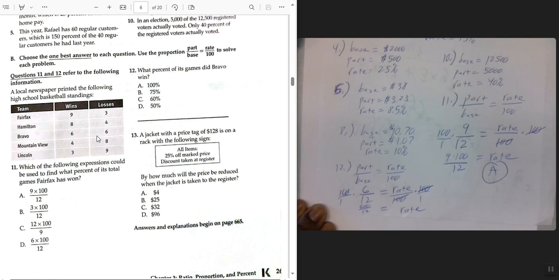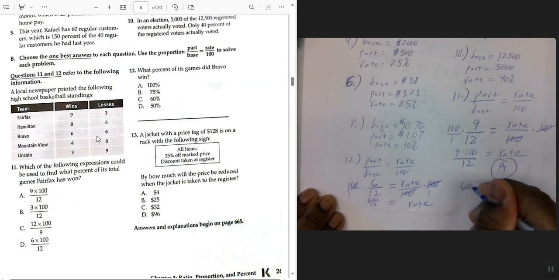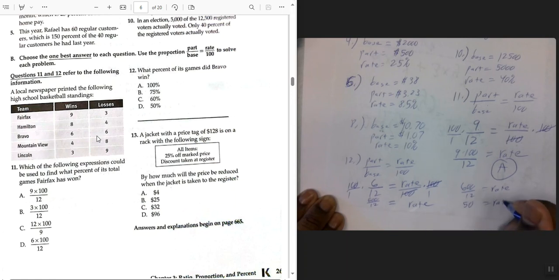So you have 600 over 12. Now, 600 divided by 12 is actually, and I'm going to write it over here because I ran out of space, 600 over 12 is 50.